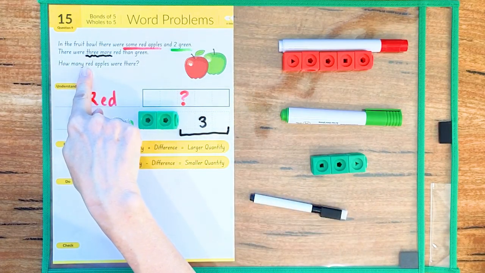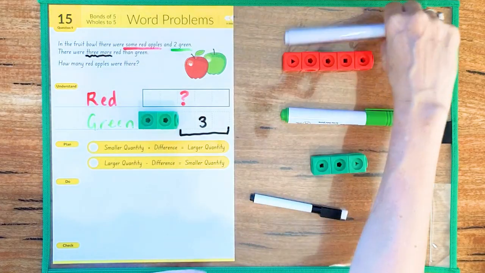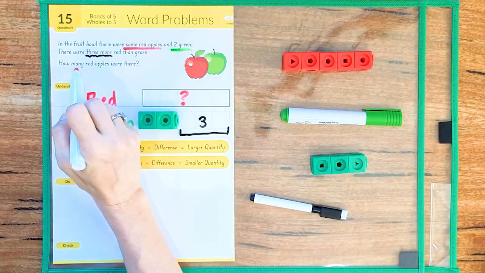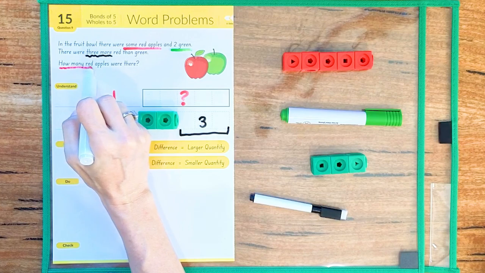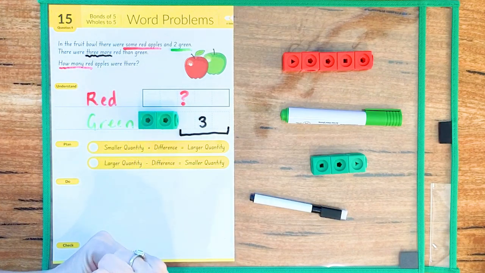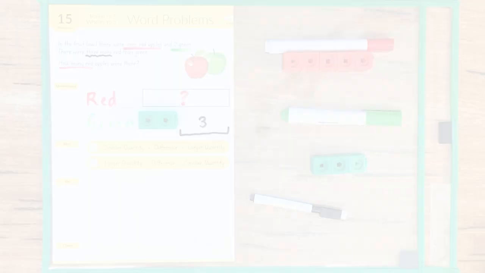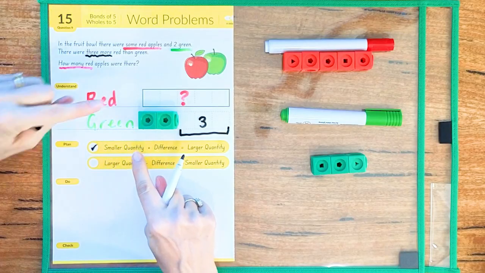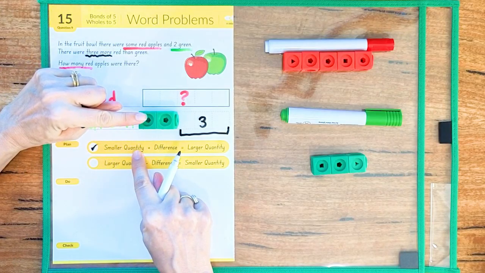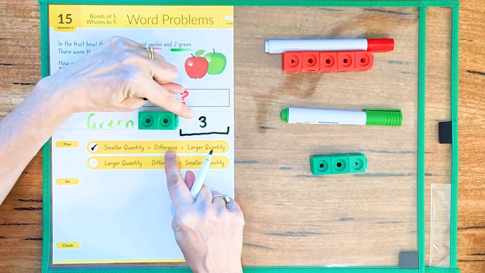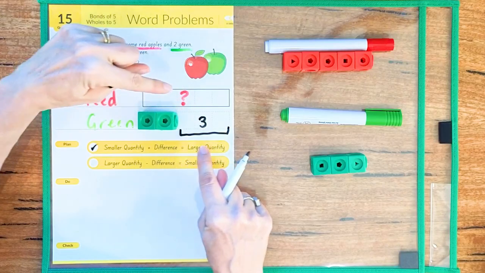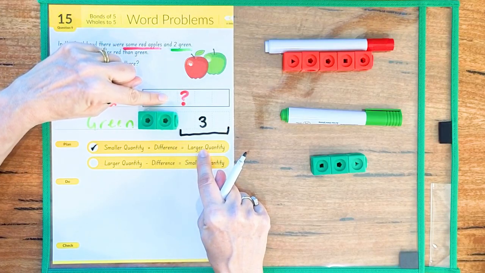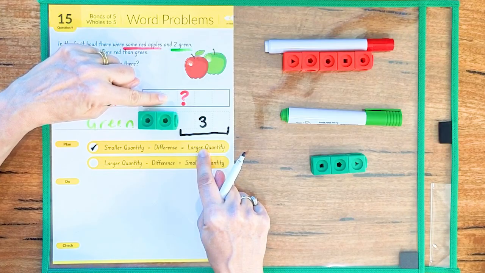How many red apples were there? I'm having to find my unknown of how many red. I'm going to use this plan because I know the smaller quantity and I know the difference, but the larger quantity is unknown.